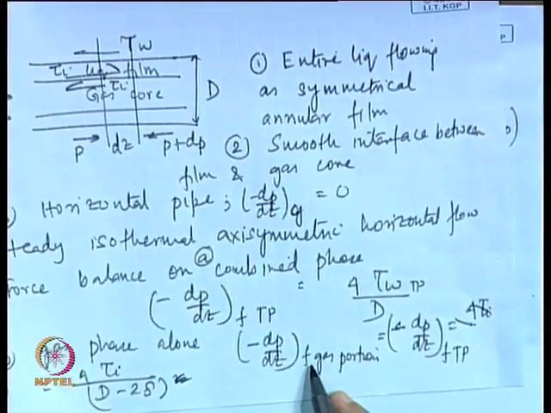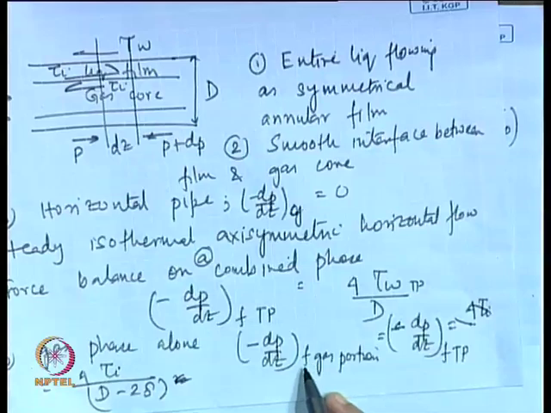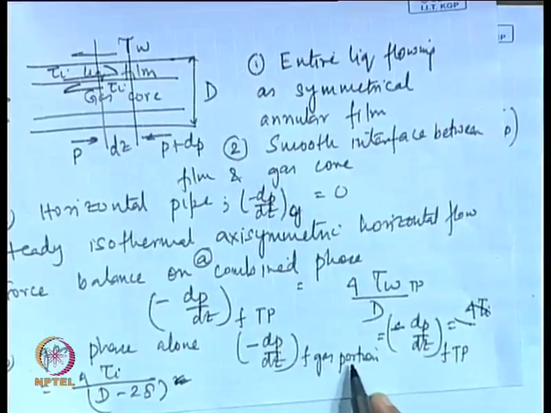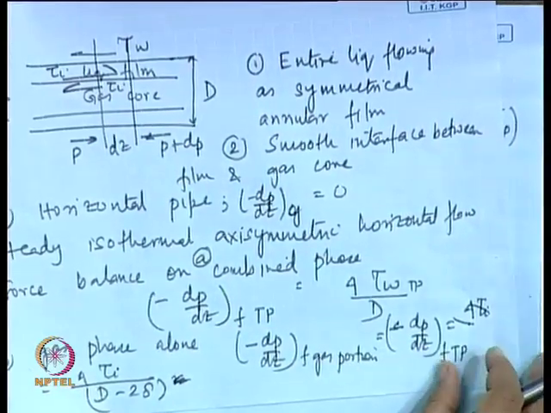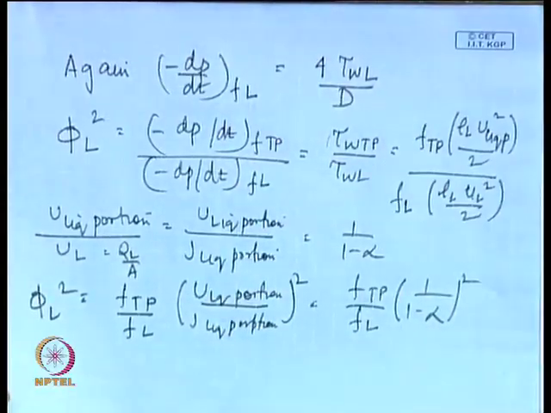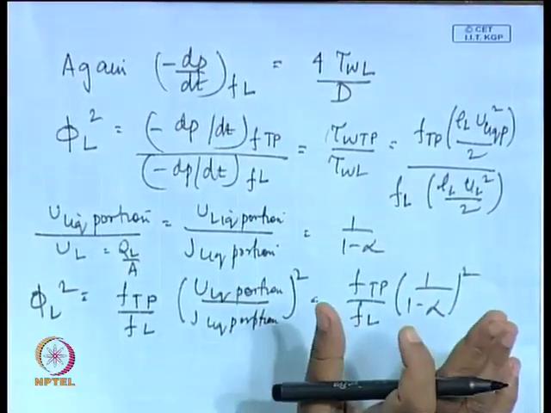And what is the pressure gradient when the two phase mixture flows in the pipe? That can be taken to be equal to the frictional pressure gradient in the gas core or in the liquid film. So, in this particular case, we have taken it to be in the gas portion. Agreed? Anything which you don't understand, just tell me to repeat that particular part.